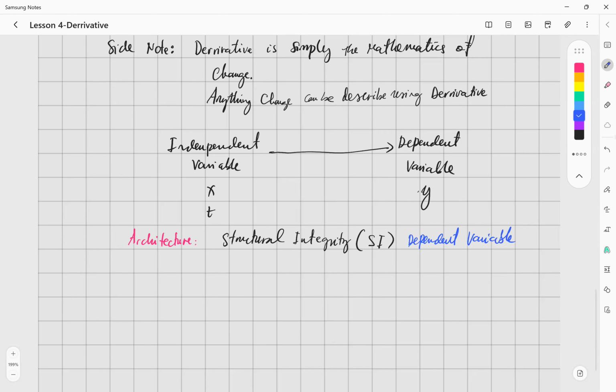And then, what causes the structural integrity to change? You can say maybe time, in years. What else? Temperature, environmental temperature, in degrees Celsius.